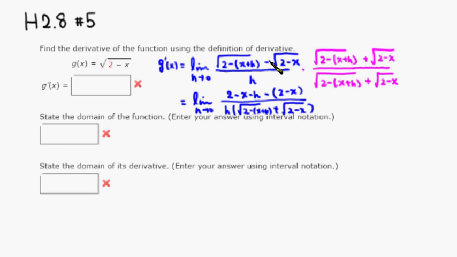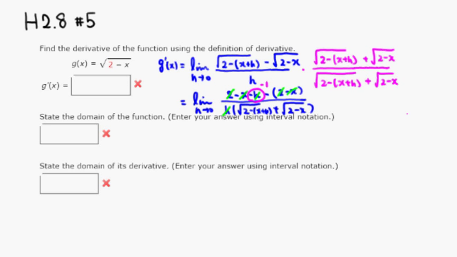Then we can cancel 2 minus 2 and negative x minus negative x. So what's left is just negative h on top. But we have h on the bottom and h on top, so we can cancel out. So you're going to have a negative 1 left over on top.